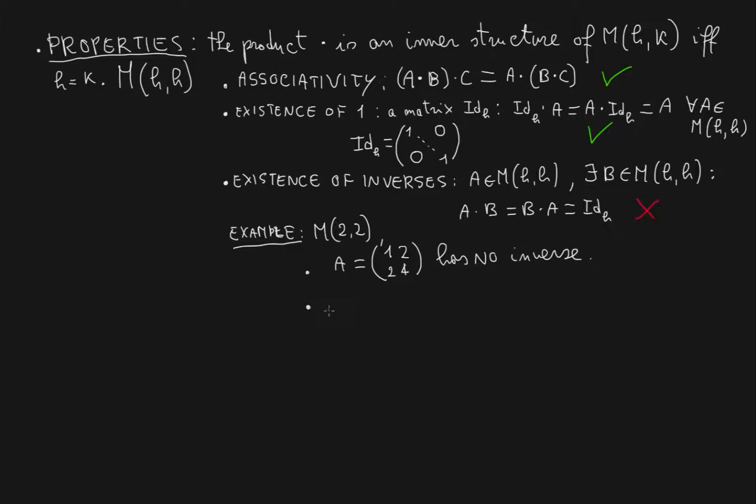On the other hand, A equals 2, 1, 2, 1, 4, well, this one certainly has an inverse, which means we say it is invertible. And its inverse we will denote as A minus 1.